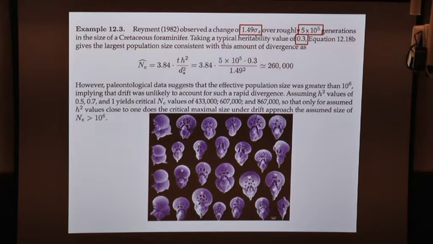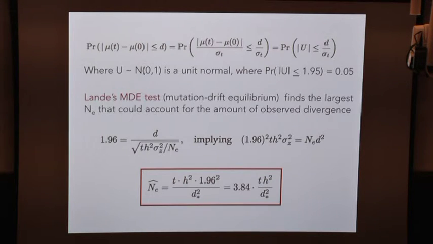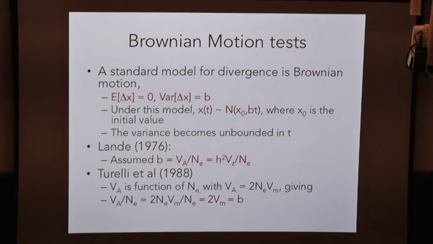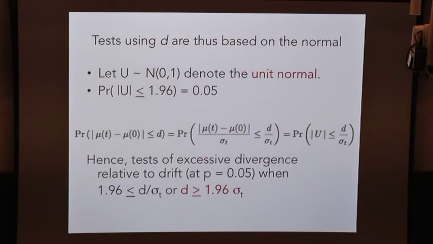Lande's test here is based on this constant variance assumption. So we plug in either additive variation, which we don't know, or heritability times phenotypic variation. That's simply the additive variation. So we have to have an estimate of heritability, and that gives us a value of NE. Turelli's test isn't based on that. It's based upon the mutational variance.